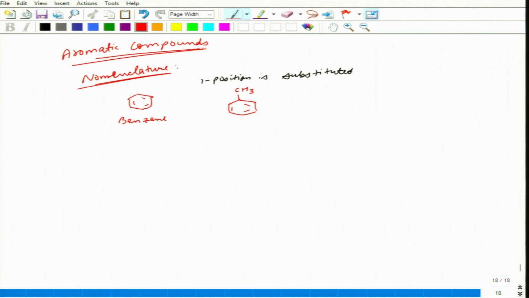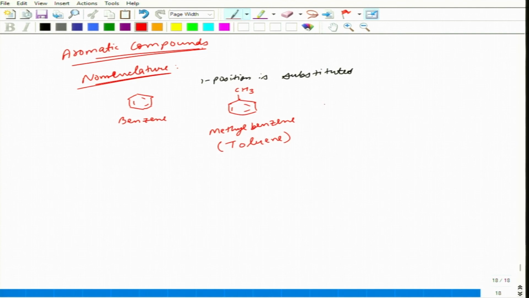Similarly to what we did earlier, since methyl is substituted, what will be the name? Methylbenzene. This methylbenzene is commonly known as toluene.